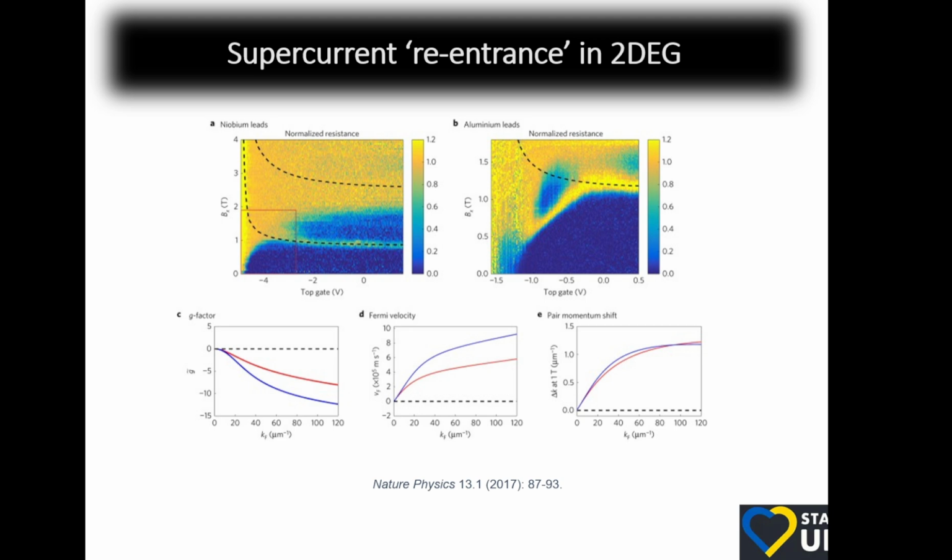So you can see they have very smoothly evolving features over a large range. This is 1.5 Tesla. This is 4 Tesla. And really one line, which is a node. And there's supercurrent here, then it disappears, and then supercurrent again. And here there is a kind of a pocket separated by this line.